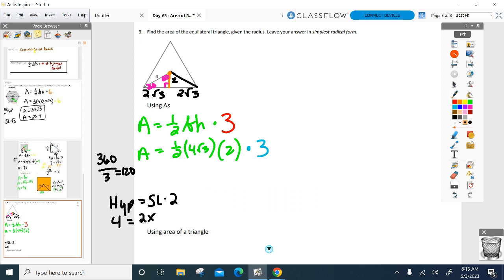Leave your answer in simplest radical form for me. That's it. So leave that radical 3 in your answer, everybody.